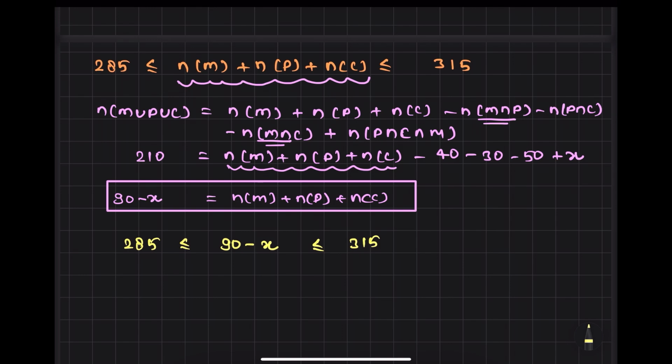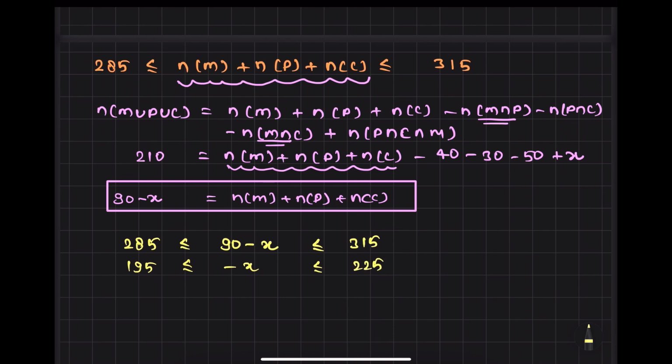Now let's subtract 90 from all sides. So 285 minus 90 will become 195, and then 225.